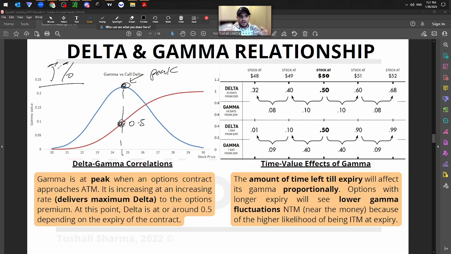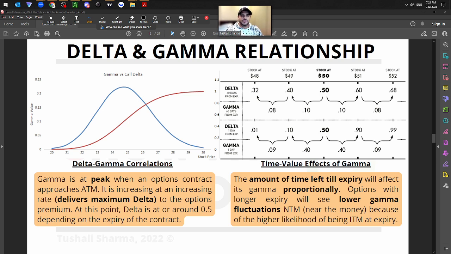So the greater the acceleration of gamma, it will also improve the profitability of the contract, but it doesn't guarantee you the foundational addition of delta, which sometimes can be more lucrative also. So there are different scenarios in which you have to choose different contracts.